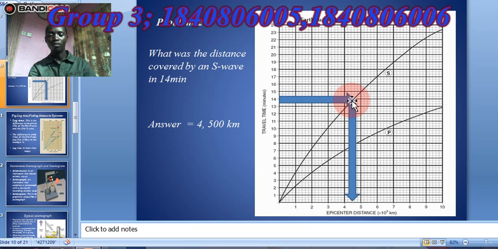When it touches, you extend an arrow vertically to the horizontal axis, and that point is the distance covered by an S wave in 14 minutes, which is 4,500 kilometers, as you can see.